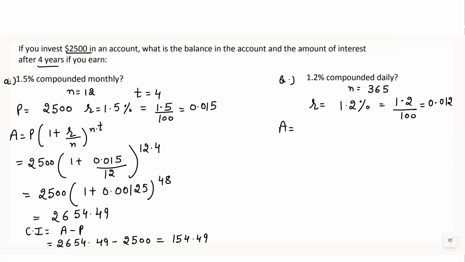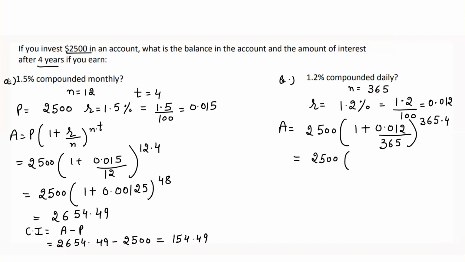A is equal to, the formula remains the same, 2500 in place of P, into (1 + 0.012/365) raised to power 365 into 4, which is 1460.